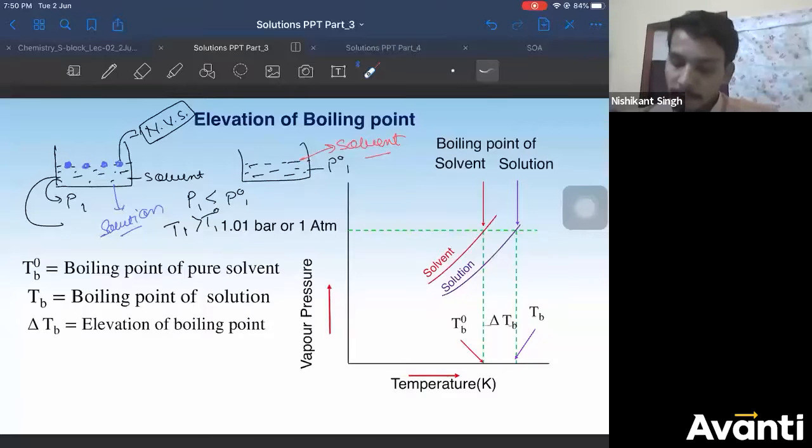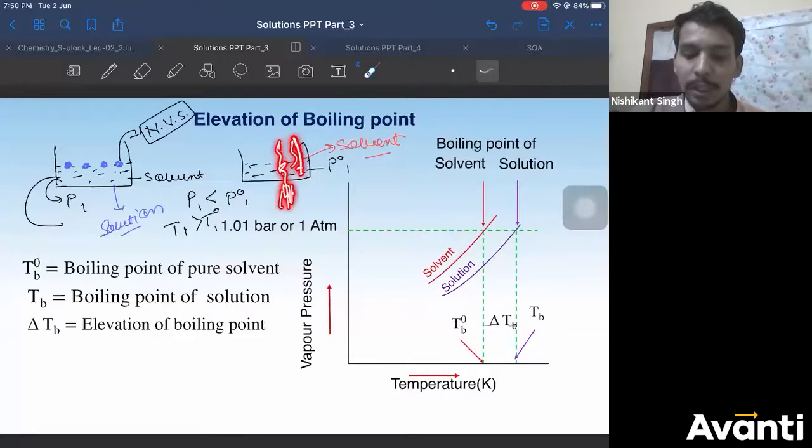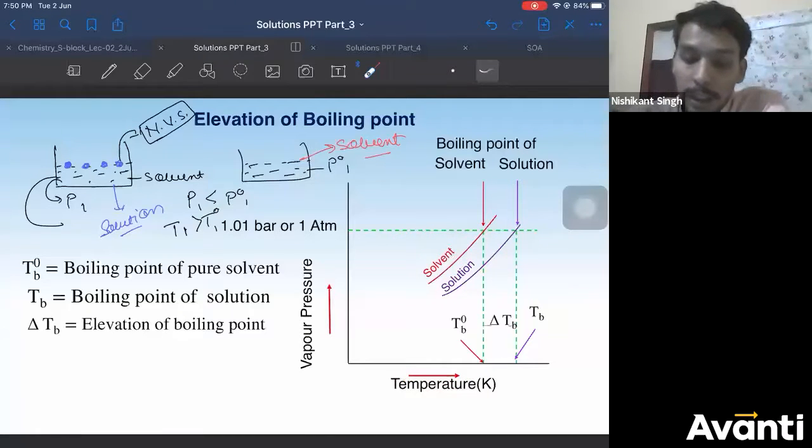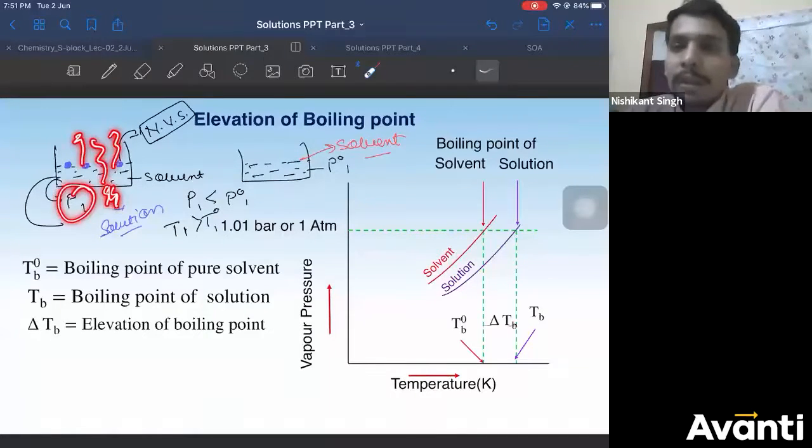So see carefully. First, I took this solvent and started heating it. When I started heating it, its vapor pressure will continuously increase. So temperature increases, vapor pressure increases. So I got this graph for the solvent. Now I did the same thing for the solution, started heating it, started measuring its vapor pressure with the temperature.